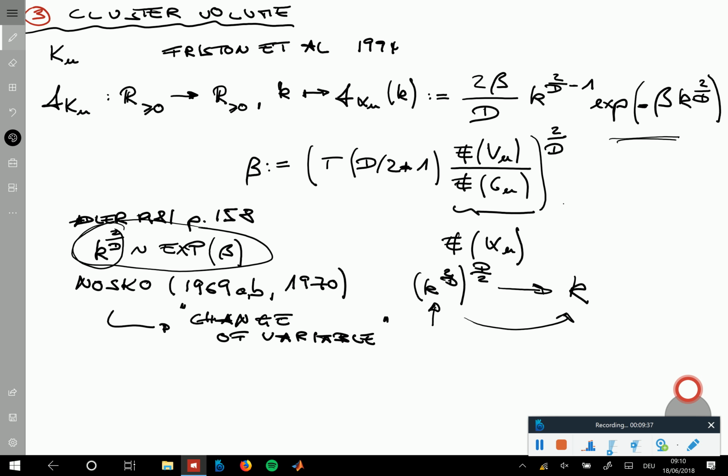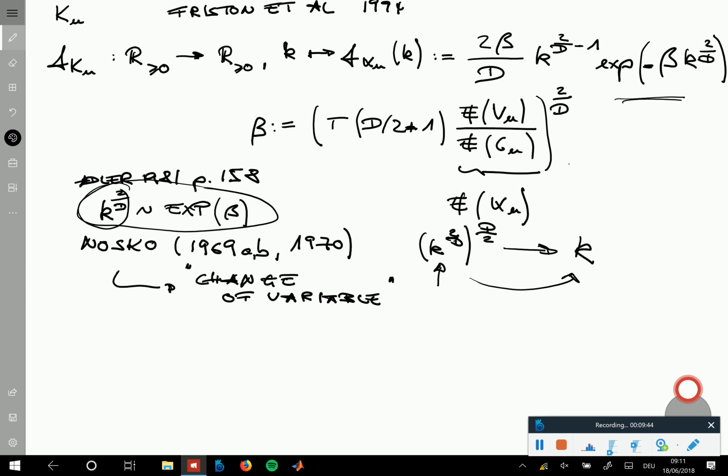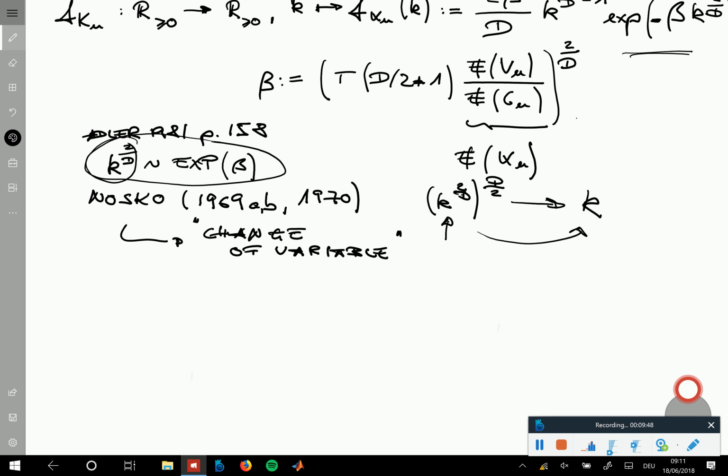So I basically reproduced this proof by Friston et al., which is not documented in the paper, of course. It's just remarked that this is done using a change of variable argument.